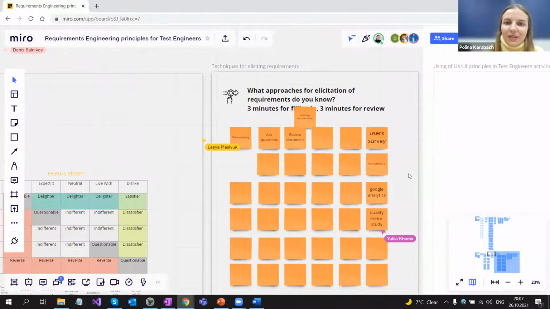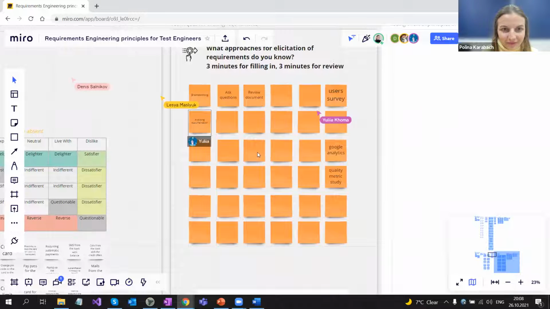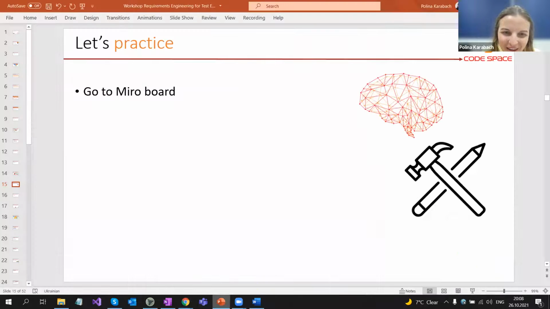Very nice input. Let's now review some of those techniques and structure them also in terms of the types of features we want to elicit. Okay, yeah, you brought the sticker back. Thank you.